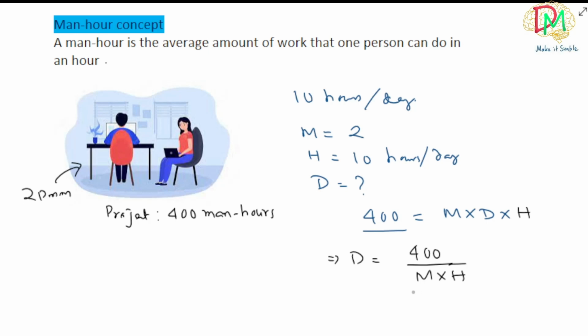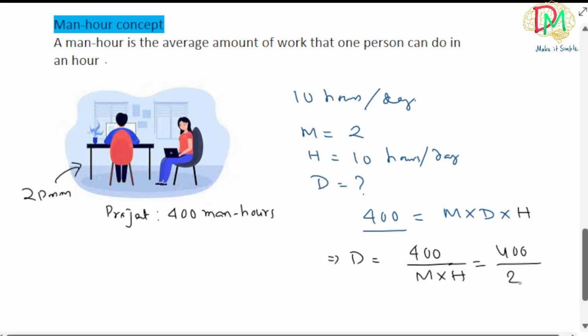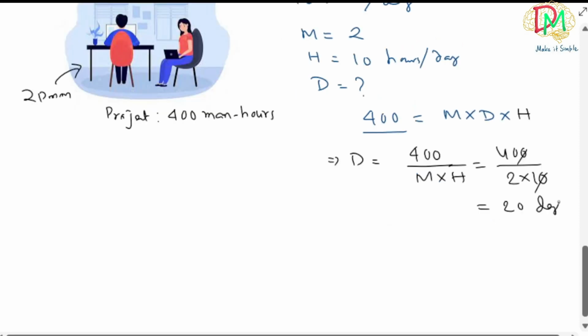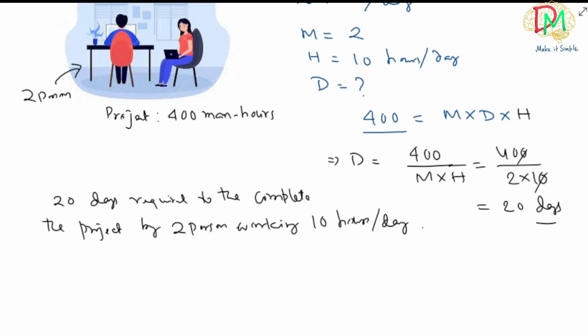That is 400 divided by 2 persons working, 10 hours each, so 20 days are required to complete the work. Clear? So 20 days are required to complete the project by the 2 persons working 10 hours per day.